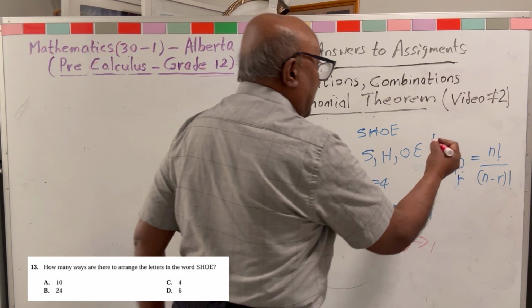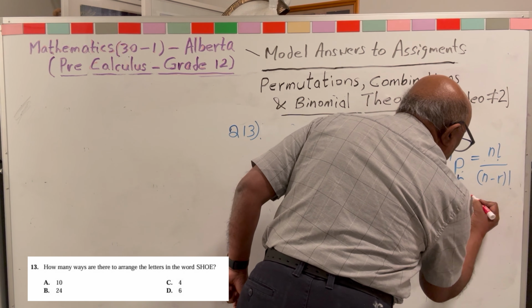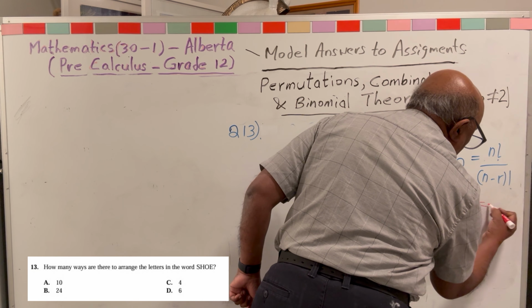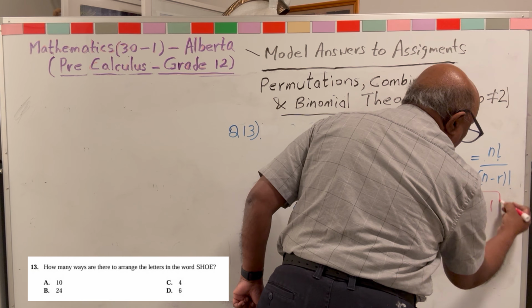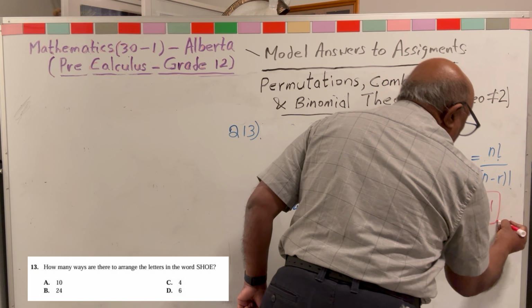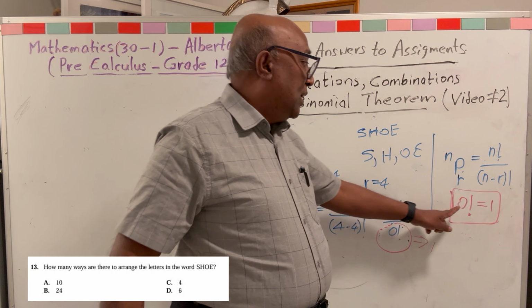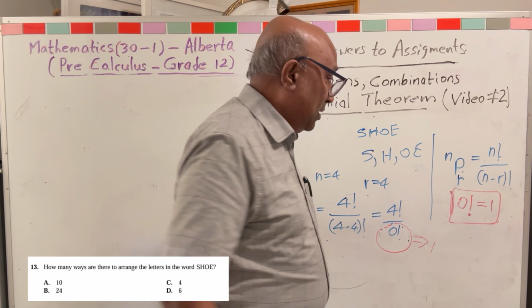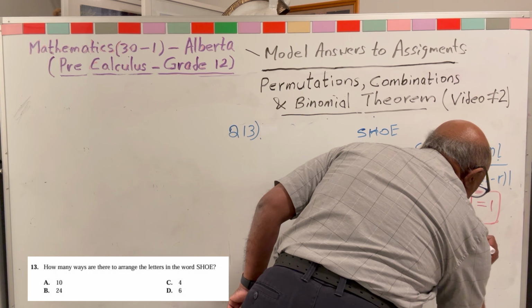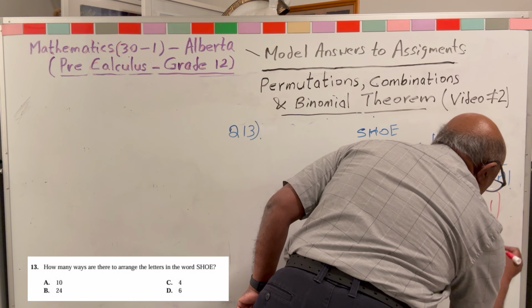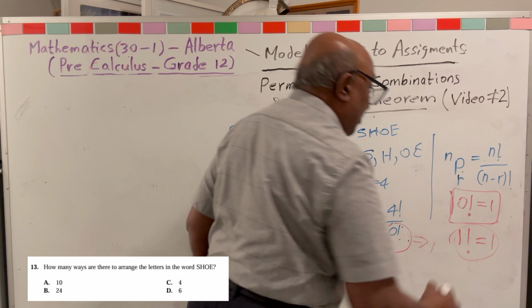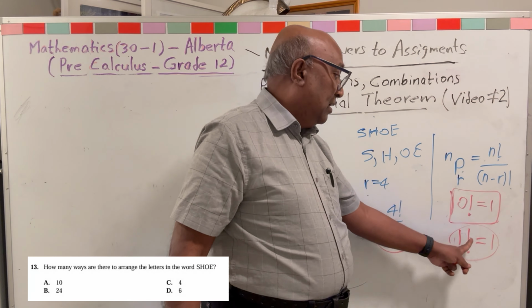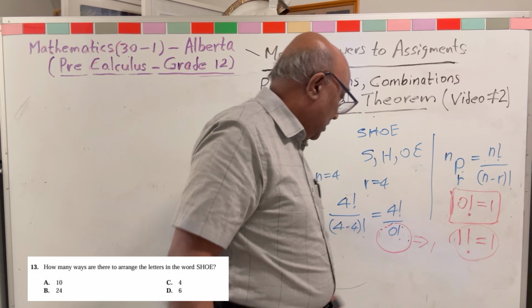Just remember this one, okay? Factorial 0 is equal to 1. It can be proved later, after finishing the combination lesson. Factorial 1 is also equal to 1. Just remember these two concepts.